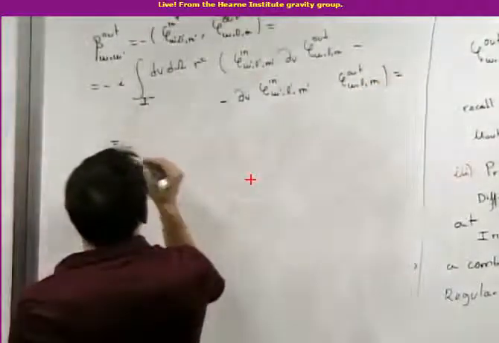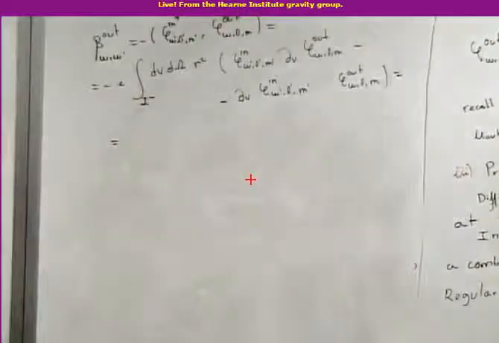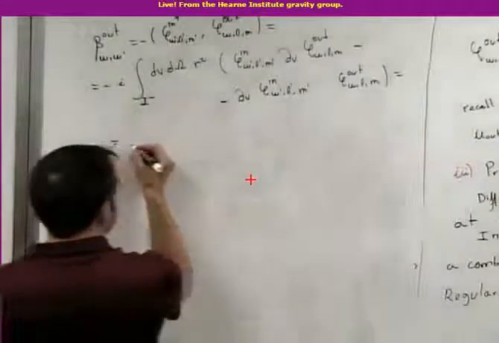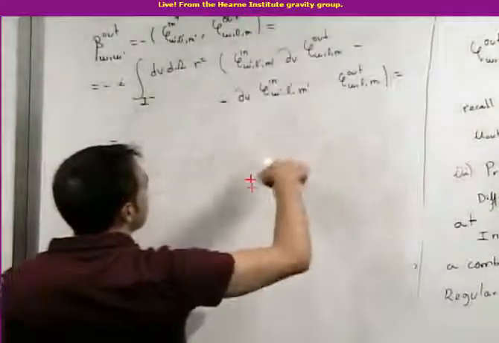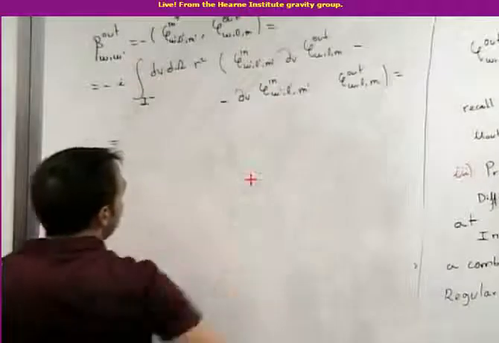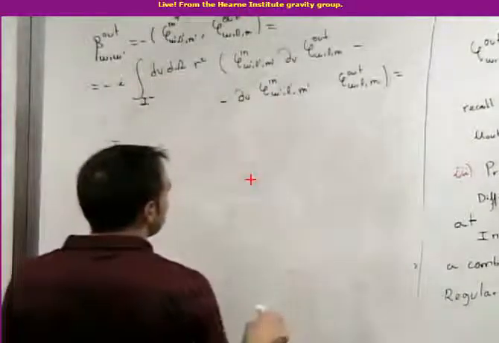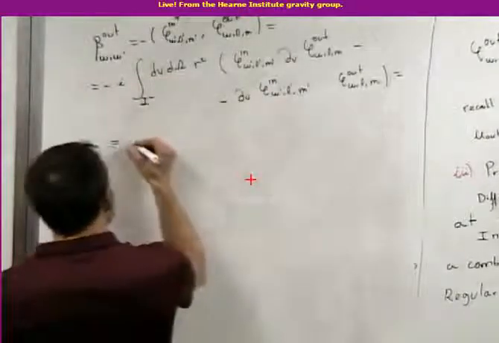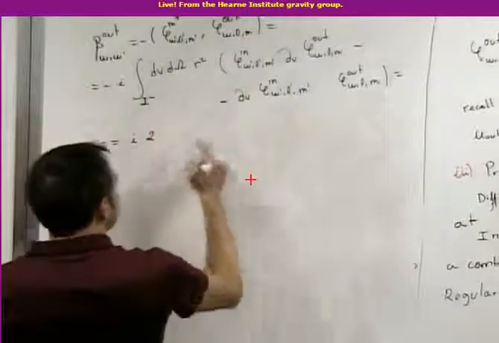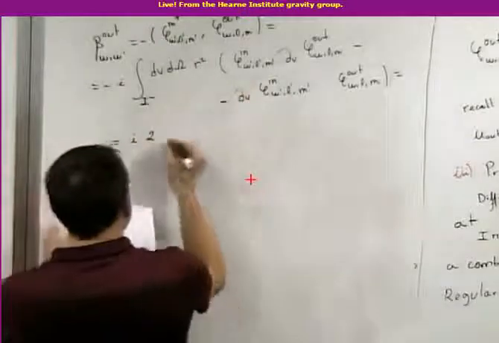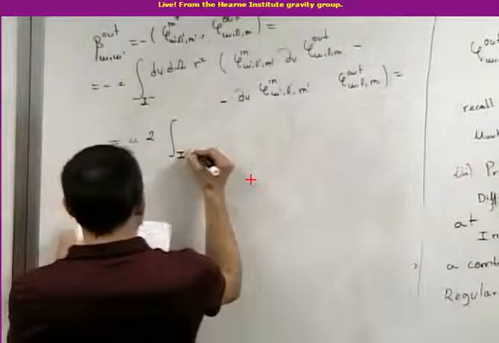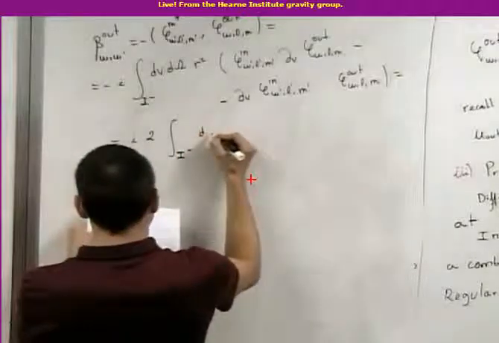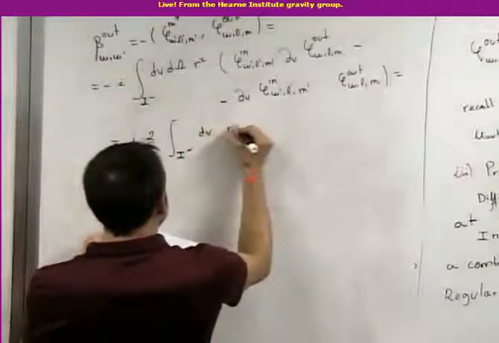And the statement is that this can be written, let me add one step. I can integrate by parts and eliminate one of the terms at the expense of having a boundary term. So if I integrate by parts, I have twice one of the two terms plus a boundary term, v r squared.